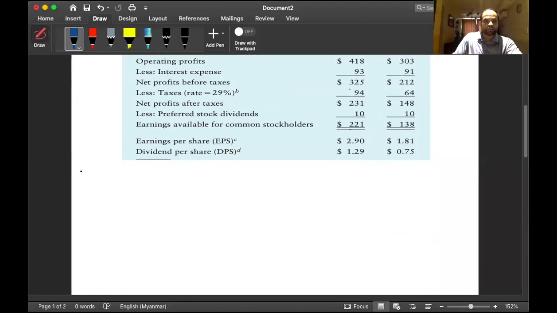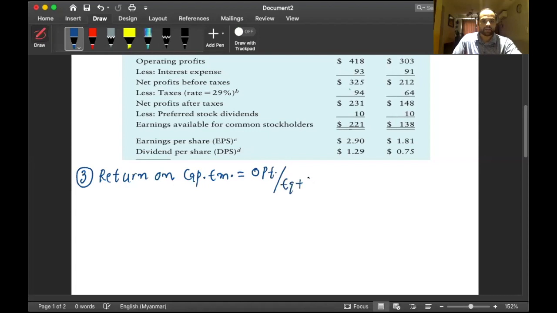So let's move on to the third profitability ratio, which is return on capital employed. The formula is operating profit divided by equity plus total liability, right?